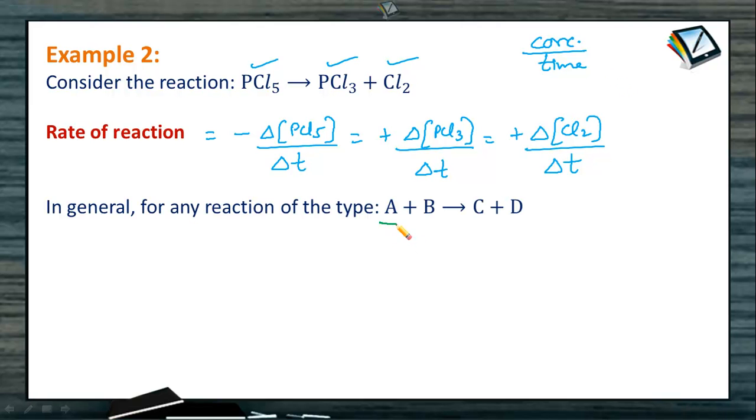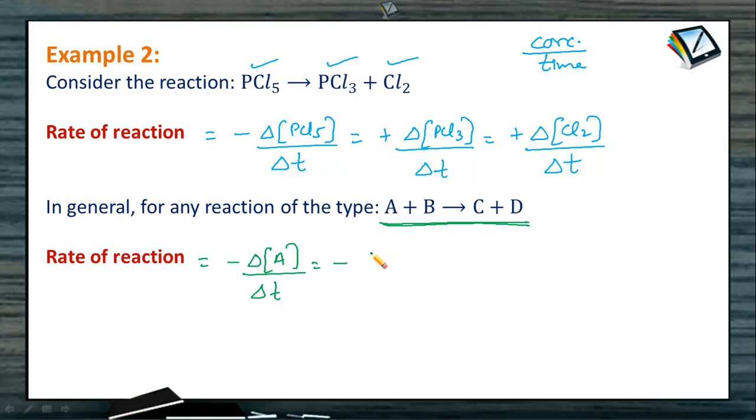And take this general reaction, A plus B gives rise to C plus D. How will we write the rate of reaction for this particular general reaction? It is like this. Rate of reaction is equal to minus of change in concentration of A upon delta T, equal to minus of change in concentration of B upon delta T, equal to change in concentration of C. So here I did not write the positive sign.